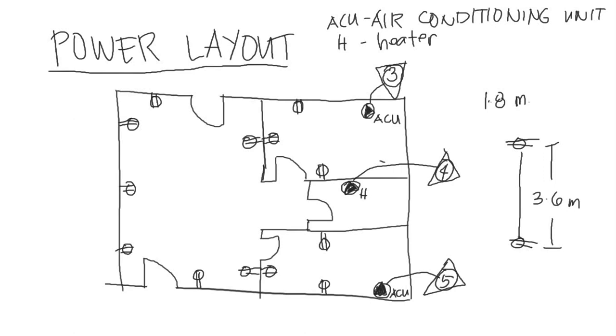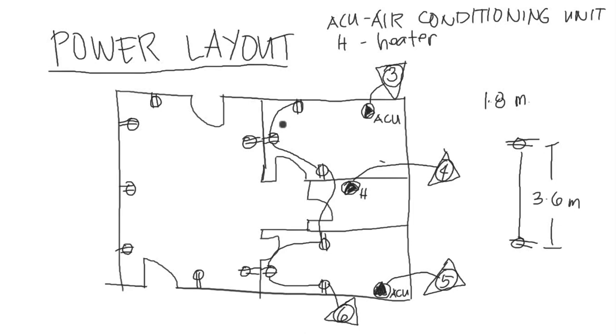it would be 5. And then for the outlets here, I will connect them to one breaker so that if there is a problem in one of the outlets, then not all outlets will be turned off. Half of the convenience outlets will still be usable in case there is trouble.